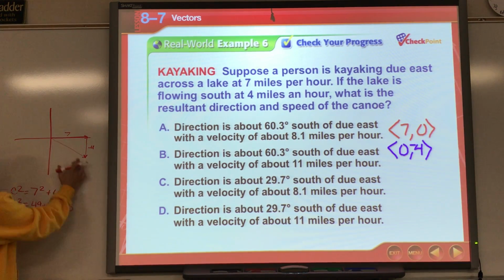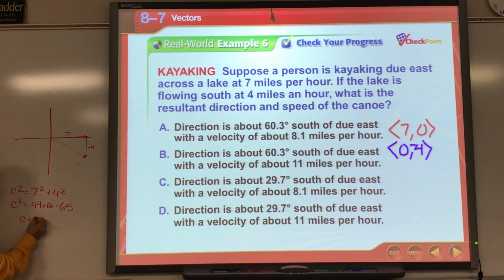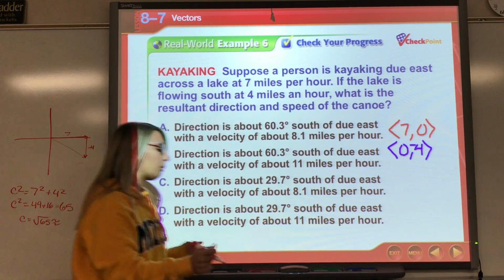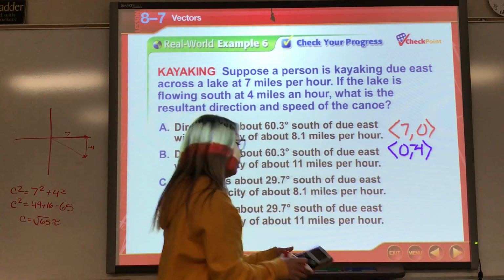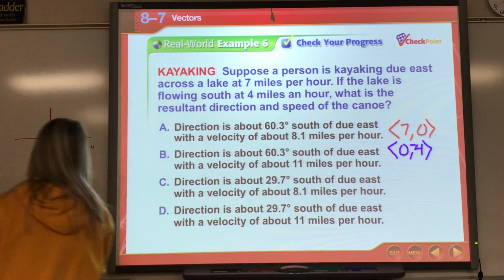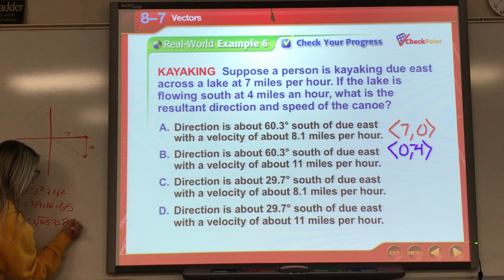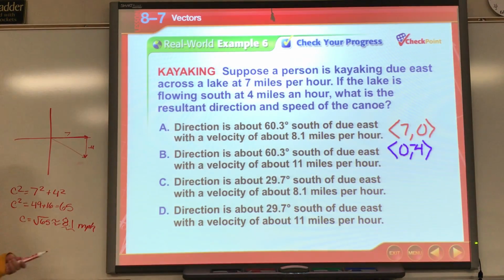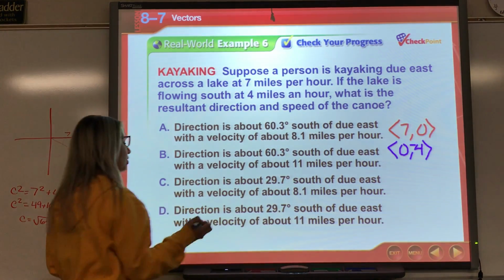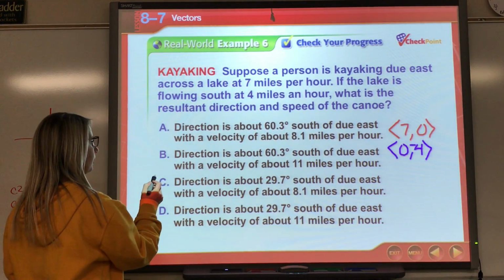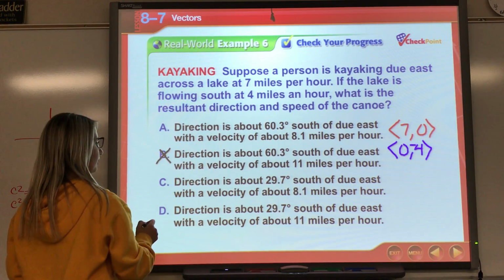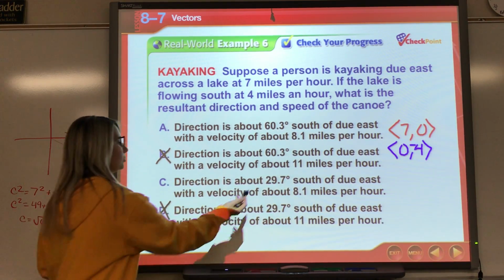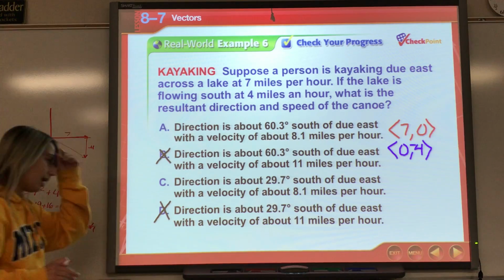So that speed would be the square root of 65, which is about 8.1 miles per hour. So automatically we know that it's not this one and it's not this one because we know it's going at 8.1 miles per hour.